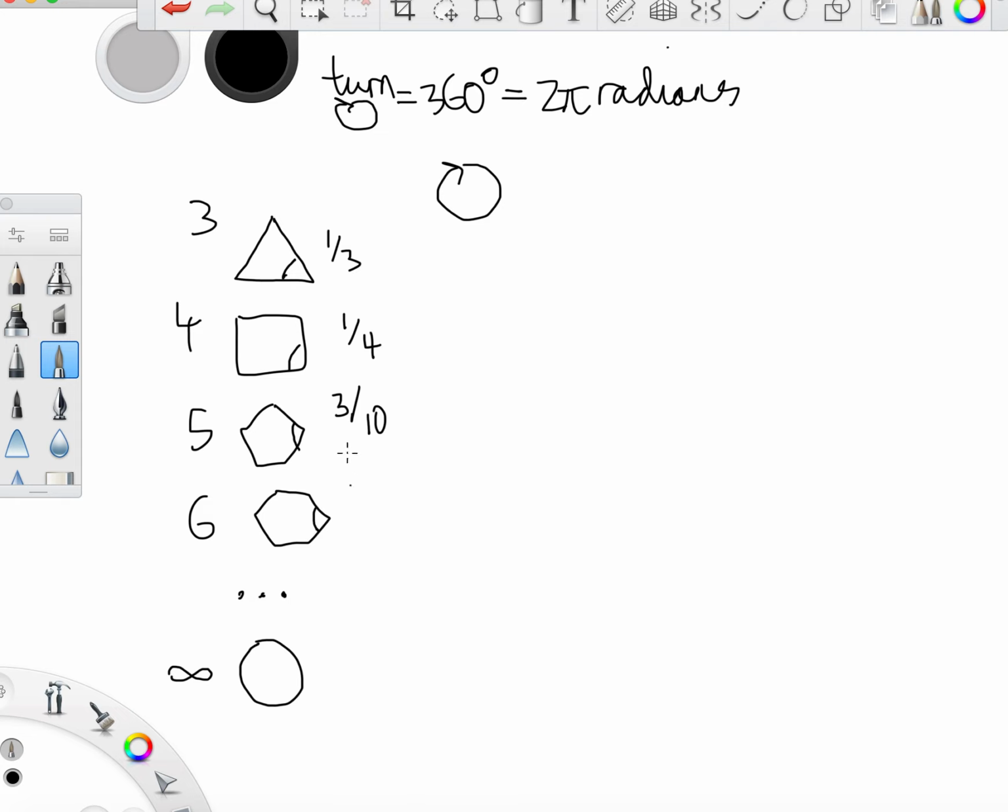For our, hang on, I made this mistake when I was recording last time. It's 1/6 of a turn for the triangle, 1/4 of a turn for the square, 3/10 of a turn for the pentagon, and it's 1/3 of a turn for the hexagon.